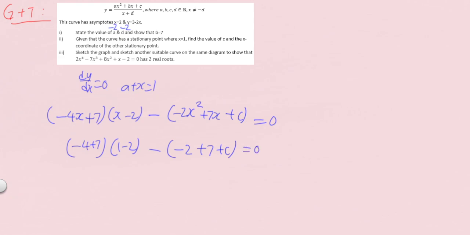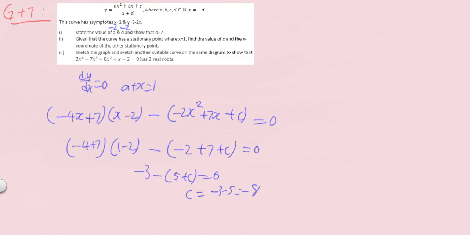We then have 3 times minus 1, so it will be minus 3 minus 5 plus c equals 0. We then have c equals minus 3 minus 5 equals minus 8. Alright, so that would be the answer for c.